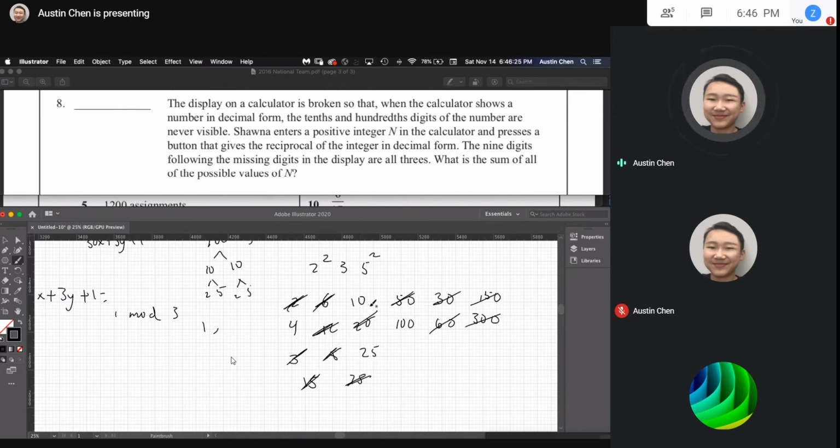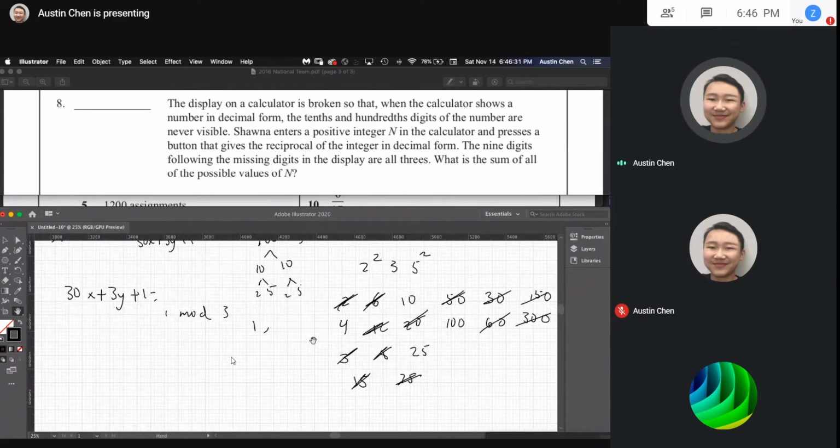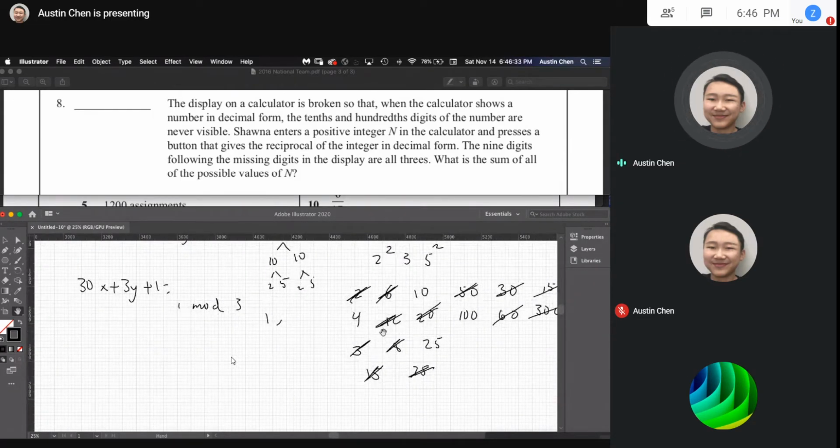All right, so it seems like we only have five to work with now. That really helped us there. So now we can just check these. Five cases isn't too much, so let's just work with that.